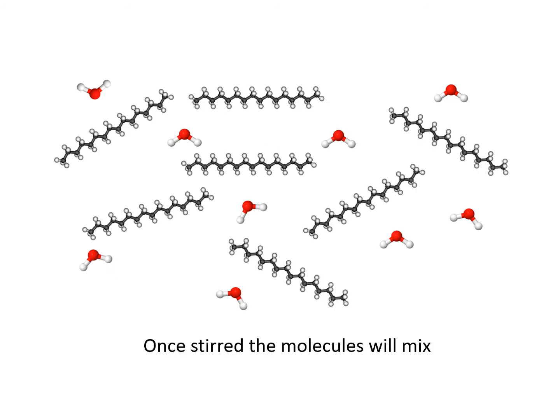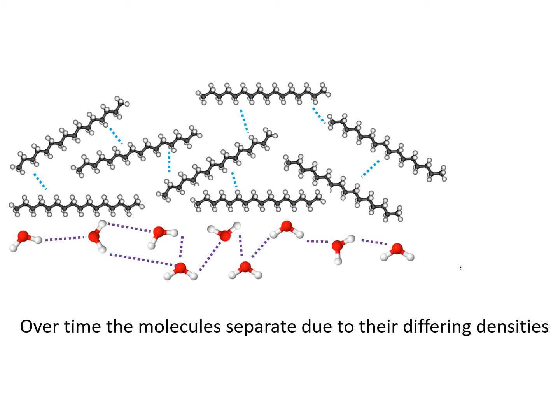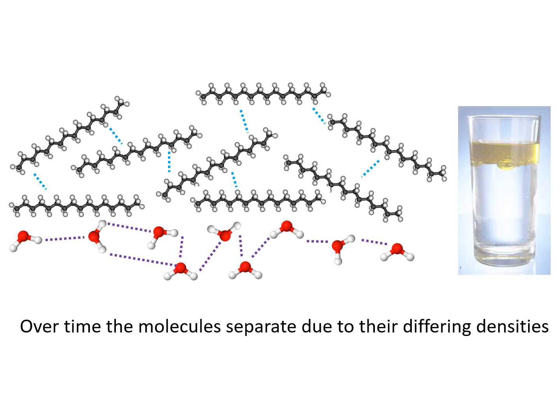So if you stir your oil and water, the hydrogen bonds will be broken, some of the London dispersion forces will be broken, and you'll have your temporary emulsion, and they're all going to mix together. But over time, those molecules are going to separate out, and as they separate out, the London dispersion forces between the oil molecules will reform, the hydrogen bonds between the water molecules will reform, and we'll get this separation to go back to this here. So we've gone for a temporary emulsion and it's gone back now into its two separate layers.